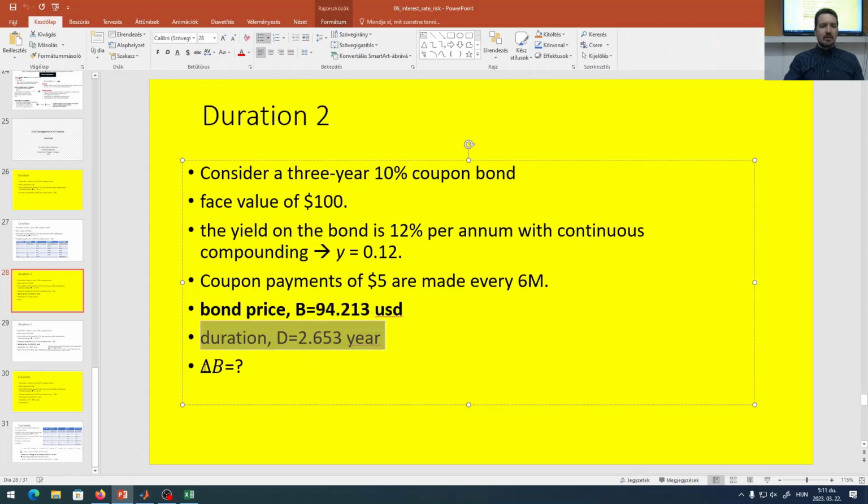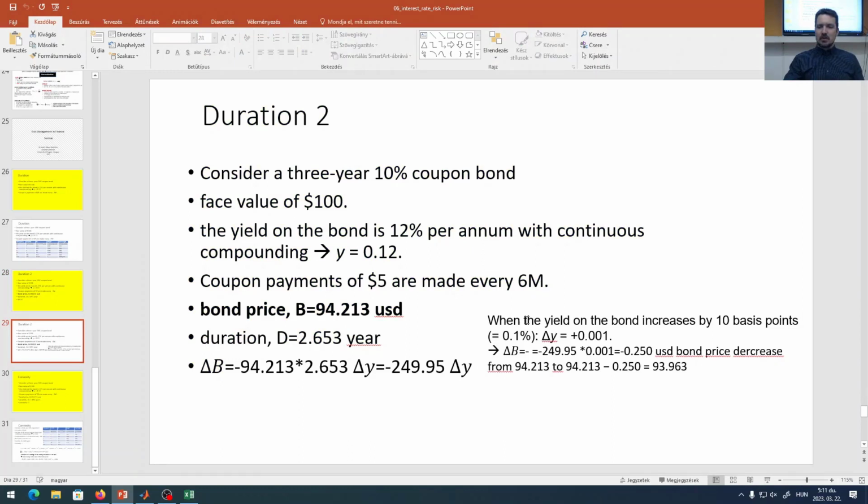So what happens if the yield of the bond increases by 10 basis points? What will happen with the bond price? So this is much more like a sensitivity analysis. And this is where we can say that duration behaves like the delta in the case of conventional, non-bond-like assets.